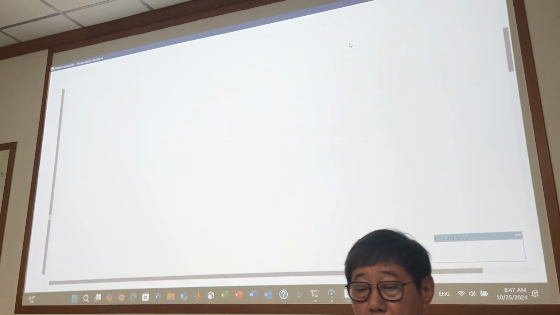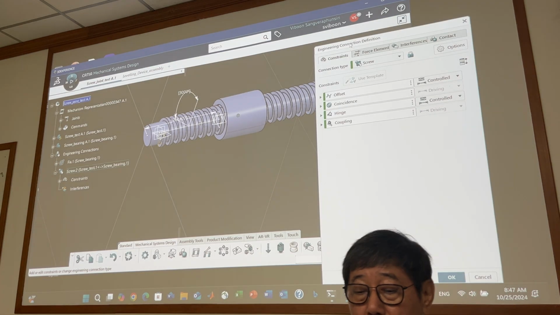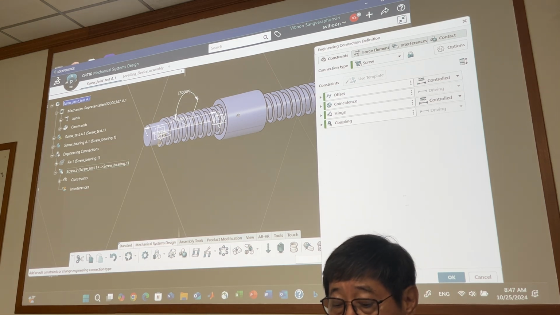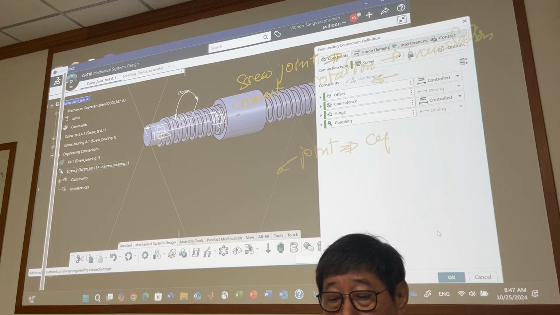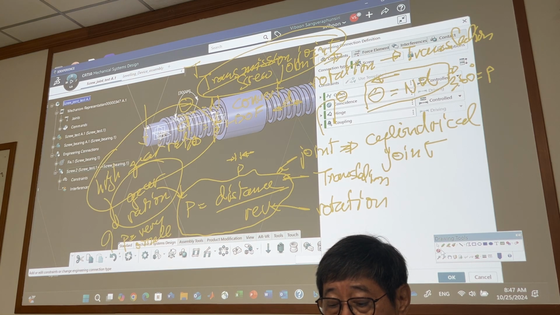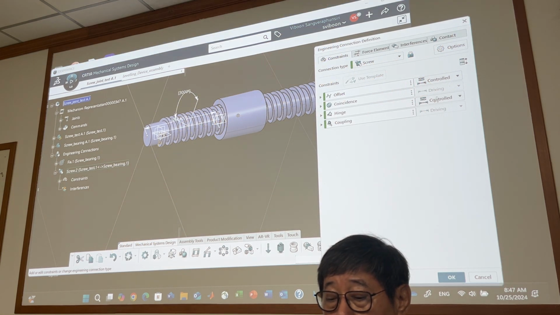You have two controls anyway, right? This one and this one.